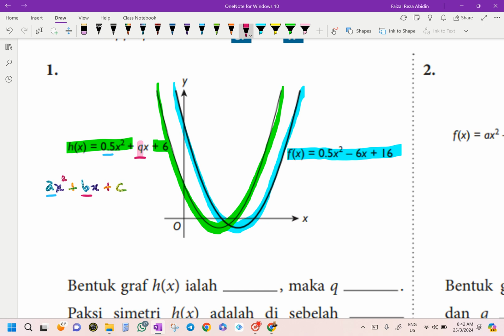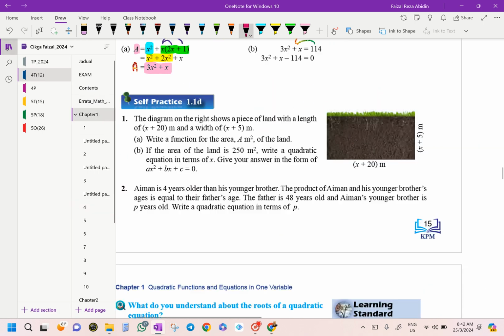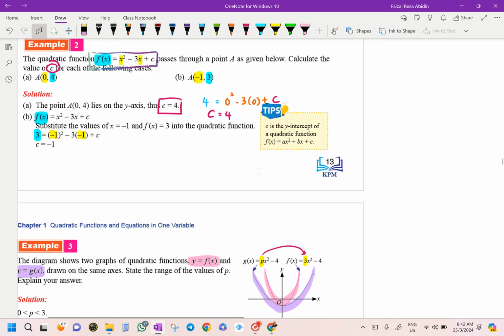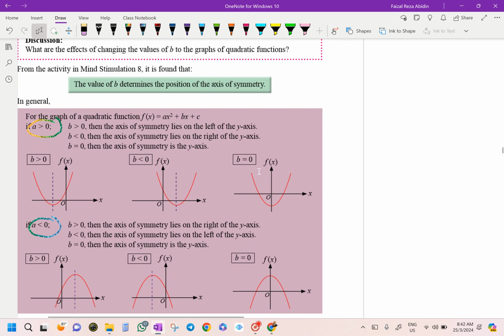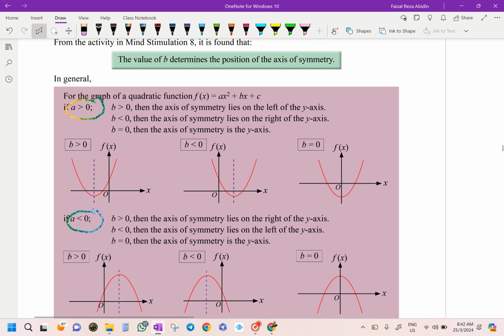If you look back in our textbook, tengok balik textbook, page here, this one: the value of B determines the position of the axis of symmetry.